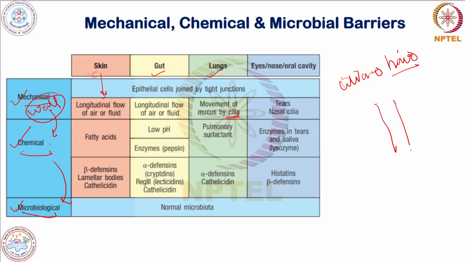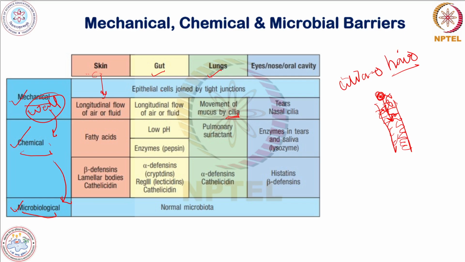Like in our lung lining, there are cilia inside. These are very tiny hair-like structures. So if a pathogen is trying to enter our lung area, then the cilia will push out the pathogen. It will not allow the entry inside the lungs. So in this way, cilia protect our lungs from infection.